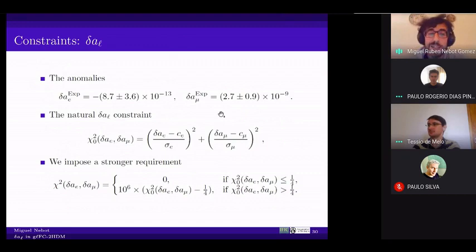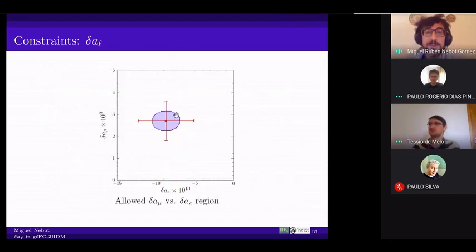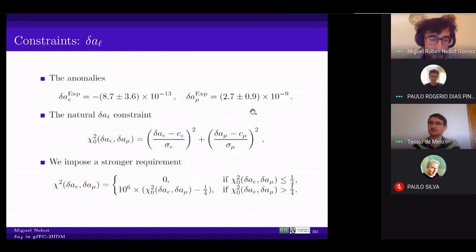Let's say I'm minimizing my chi-squared very close to these values, and then starting from that point, I do not allow my numbers to escape from that region. So that's the thing. Very nice.